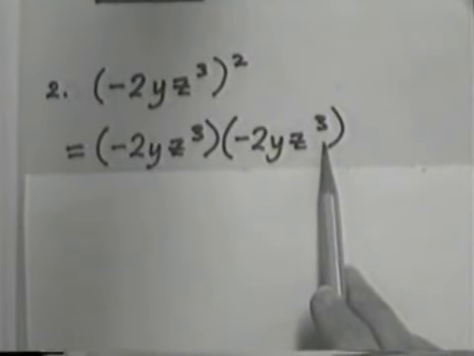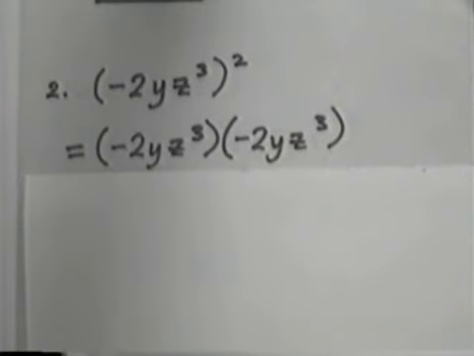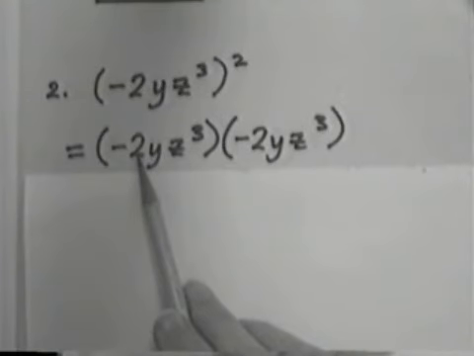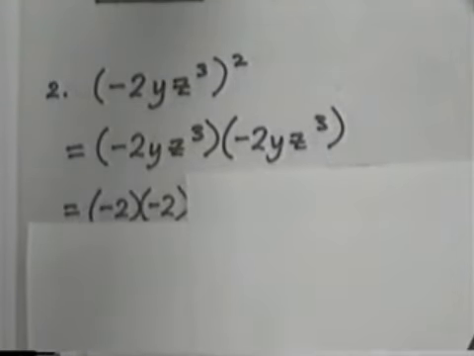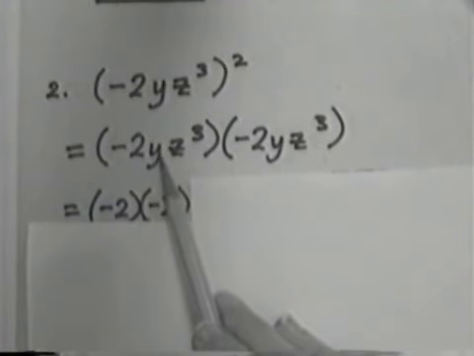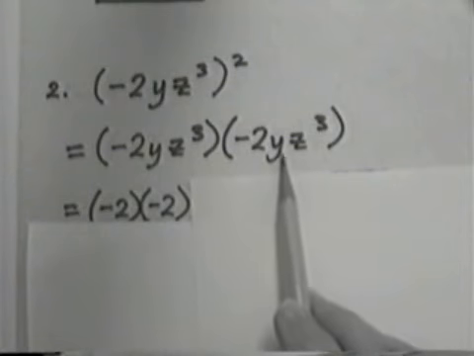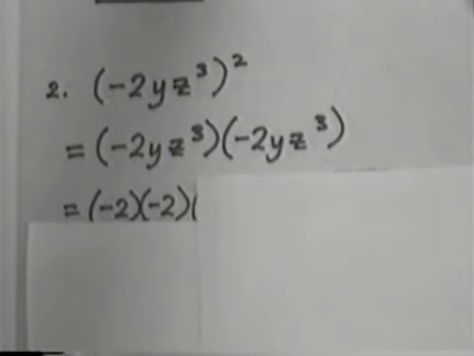Notice that now this is very much like the one we've already worked. We have coefficients of negative 2 and negative 2. They will be grouped together. We have a variable y from the first parentheses and another variable y from the second parentheses. They are grouped together.